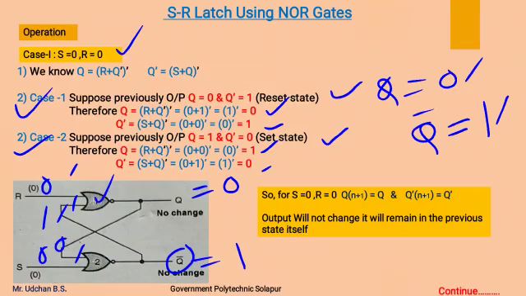Therefore, for S equal to 0, R equal to 0, next state is the previous state itself. Therefore, output will not change, it will remain in the previous state itself for S equal to 0, R equal to 0.